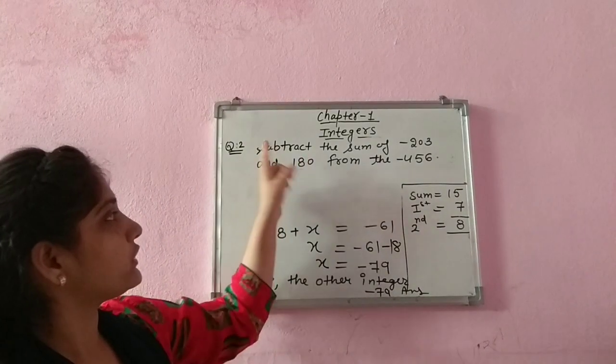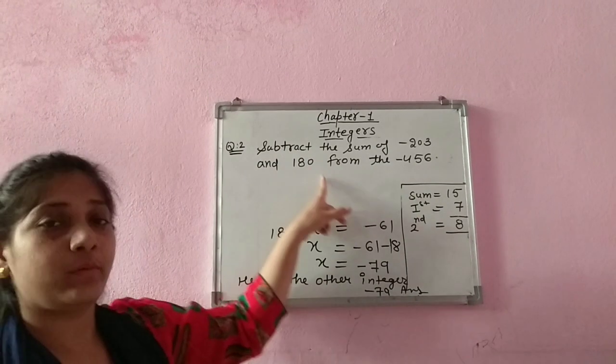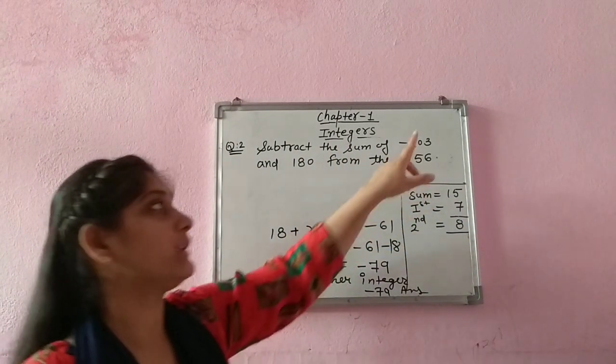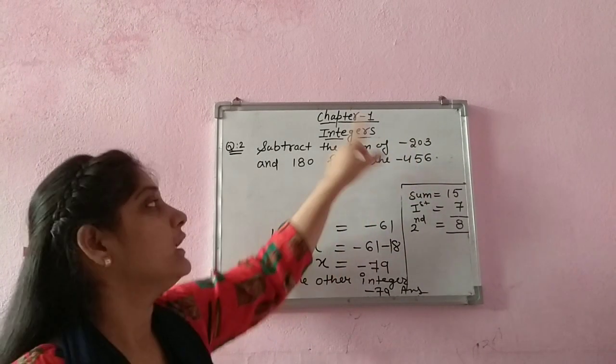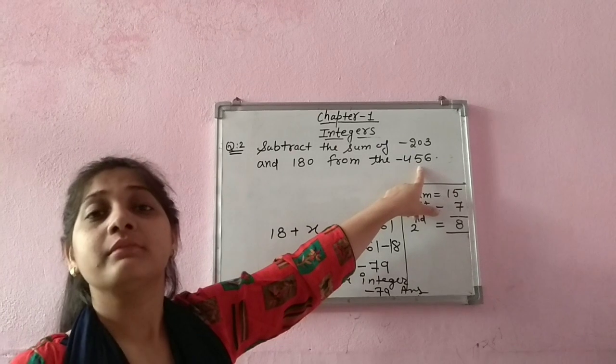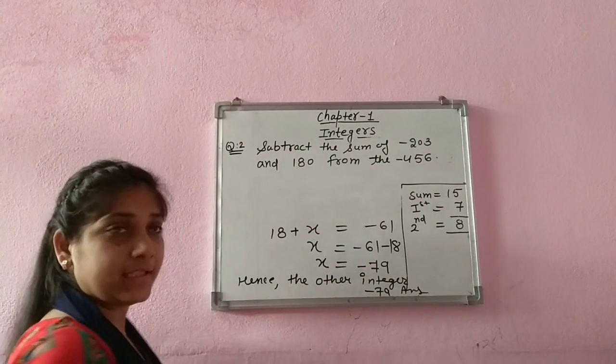I have given one question where you have to subtract the sum of -203 and 180 from -456. It means whatever is the sum of these two numbers, that is to be subtracted from -456. So let's do it stepwise.